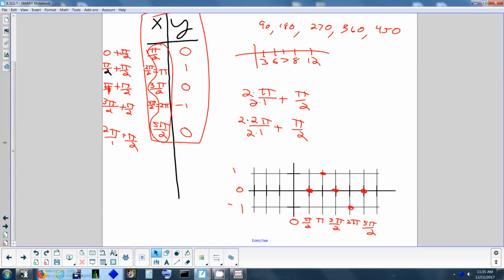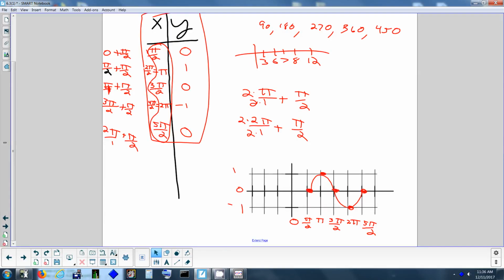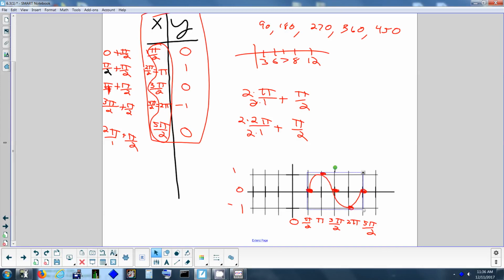Remember that this graph is a curve, okay? So it shouldn't look like that. Try to draw it as smooth of a curve as you can. And there's your sketch. The original would have been starting at the origin.